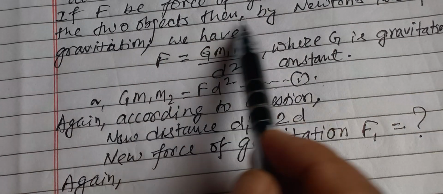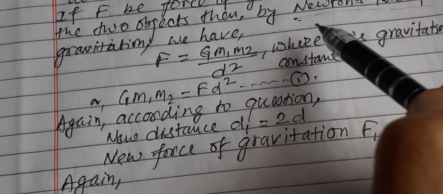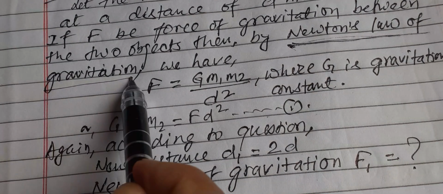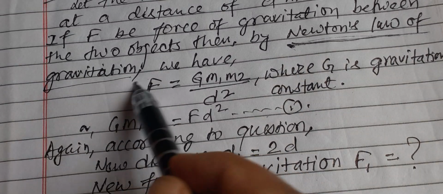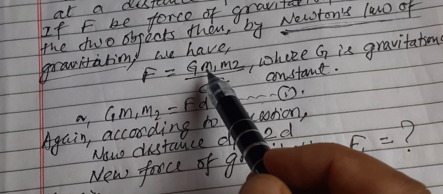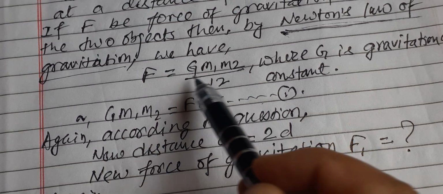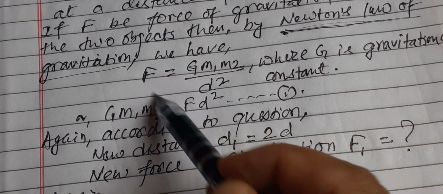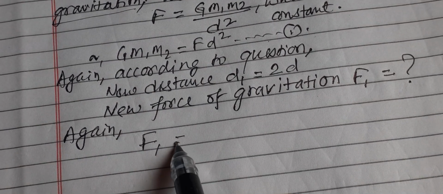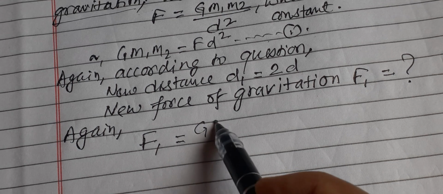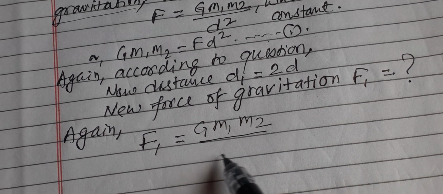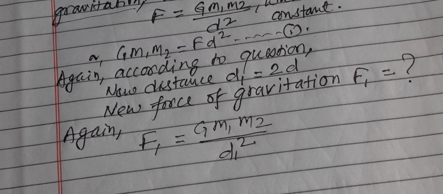Gravitational force between two objects is given by Newton's law of gravitation. By Newton's law of gravitation, we have the formula F equals G times m1 times m2 whole divided by d square. So using the same formula, we get F1 equals G m1 m2 by d1 square.